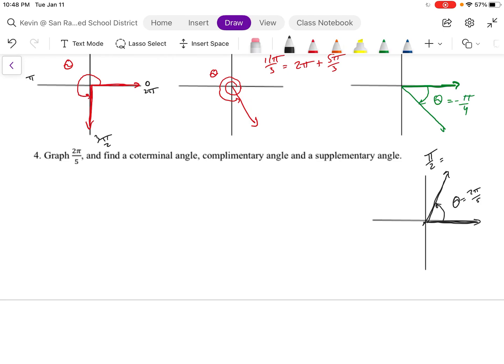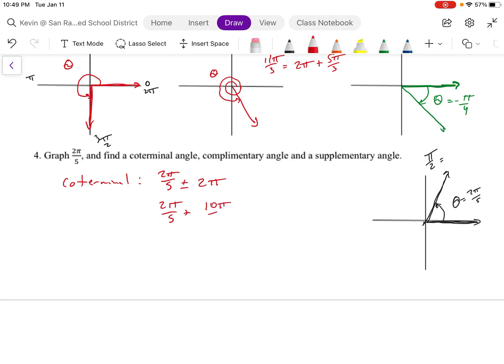What does it want? It wants to find a coterminal angle. We said to get a coterminal angle, we're going to take our angle and add or subtract 2 pi. So 2 pi over 5 plus, how would we write 2 pi in fifths?